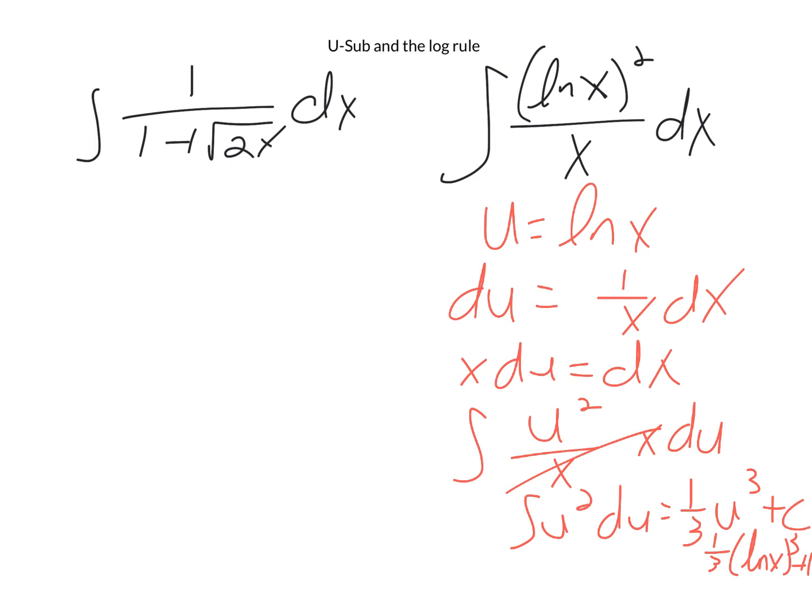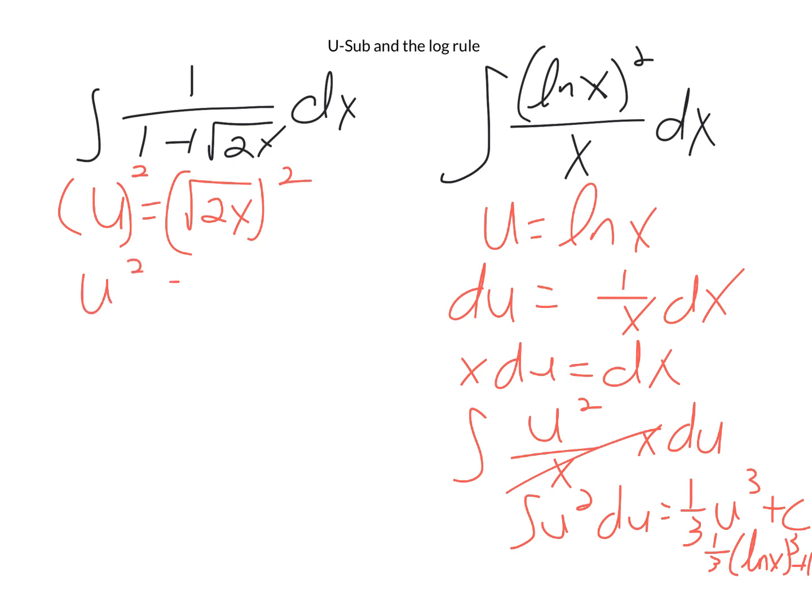Now the one on the left is a little different u sub than what we're used to. Okay, I'm going to set u equal to the square root of 2x. Now, before we find our du, let's make our lives a little easier, because finding just the derivative of a square root is going to be a little hard. So let's square both sides.